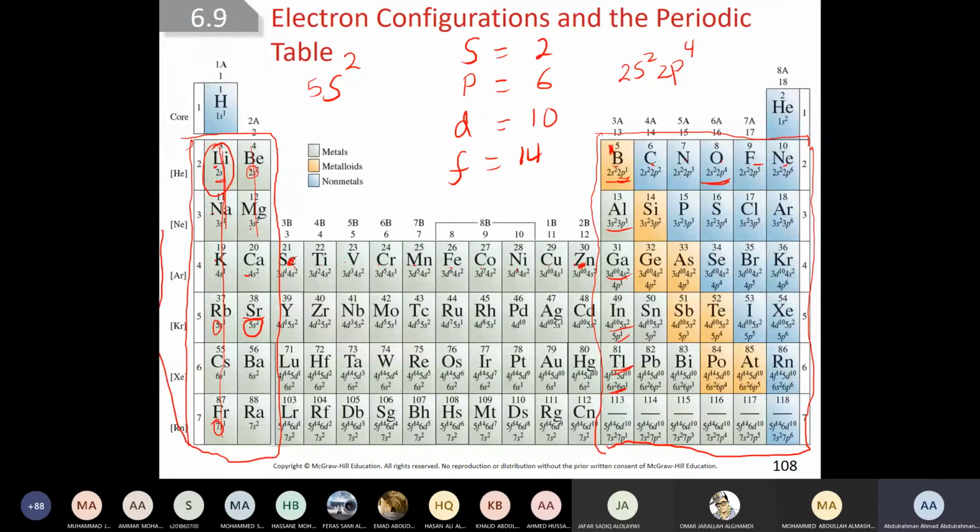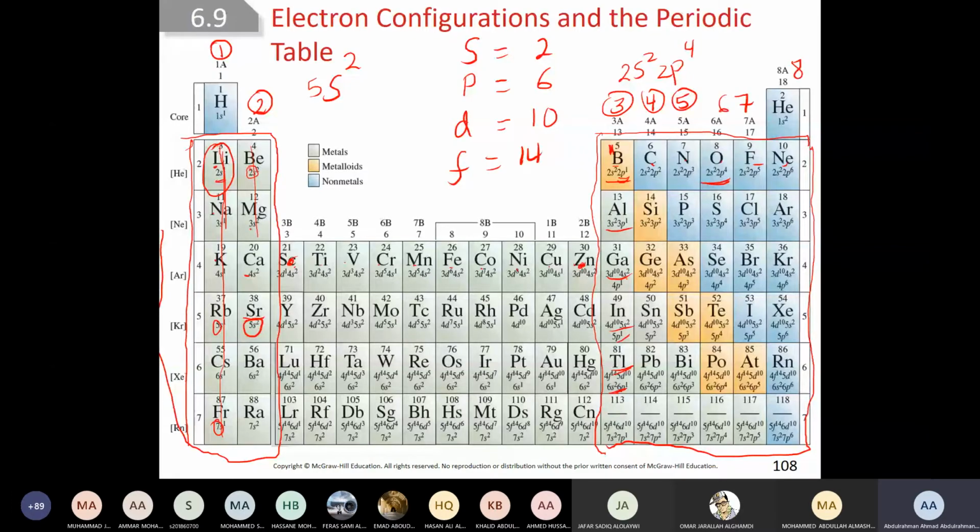The first column, which is this one, this is 1, and this is 2, and this is 3, and this is 4, and this is 5, and this is 6, 7, and 8.